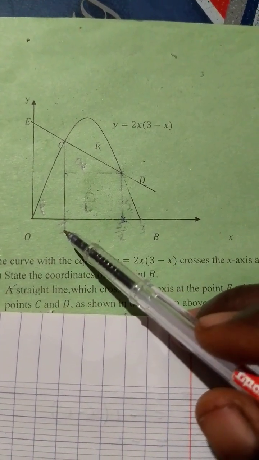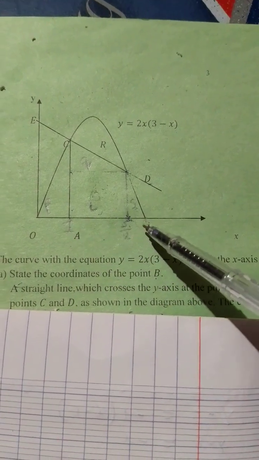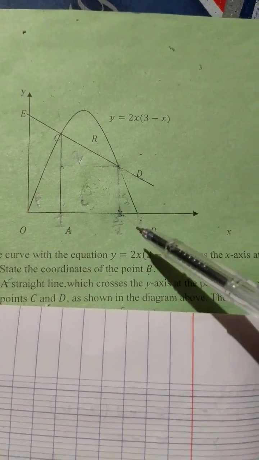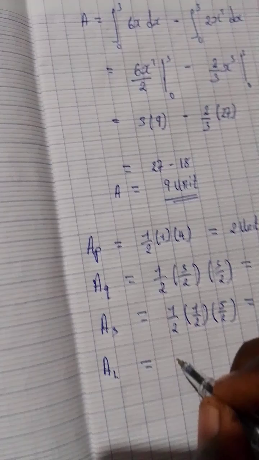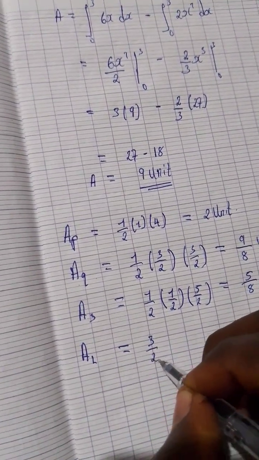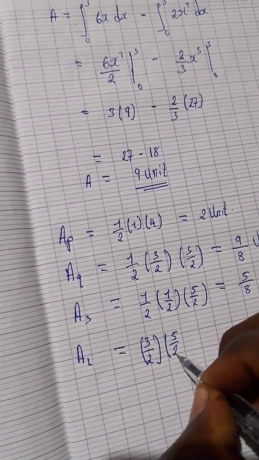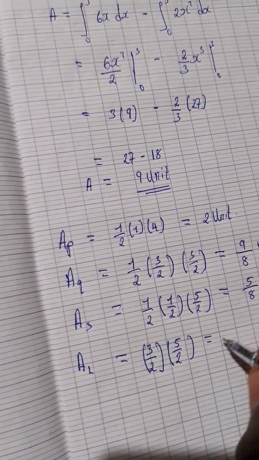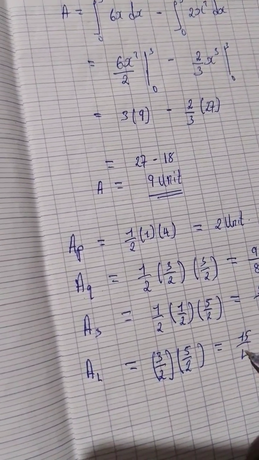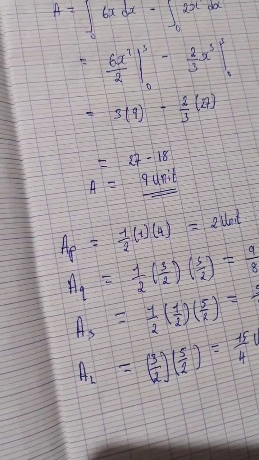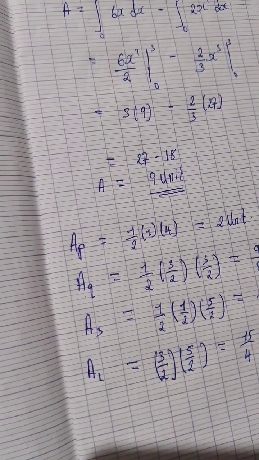You mean that the width is 1.5 and the length is 2.5. So length times width, that's 3 on 2 times 5 on 2, which is equal to 15 on 4 units. Normally it's supposed to be square units everywhere.